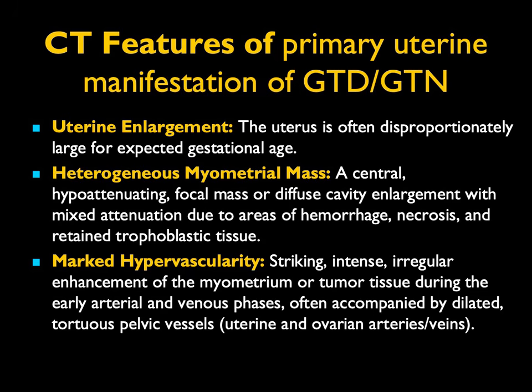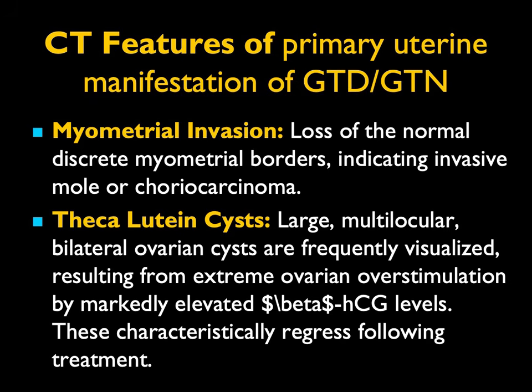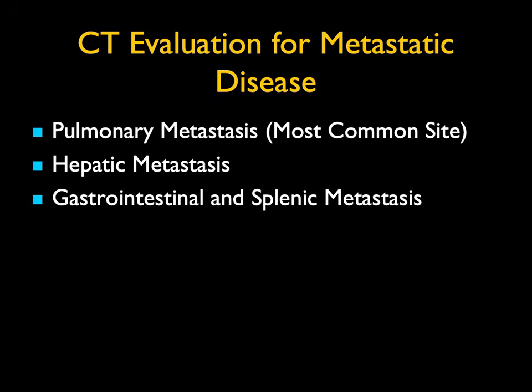Sometimes you can see markedly dilated vessels, which almost look like AV fistulae. As the tumor grows, myometrial invasion, and theca-lutein cysts are very commonly seen. Again, elevated beta HCG levels, and metastasis most commonly to the lung, but also to liver, GI tract, and the spleen.